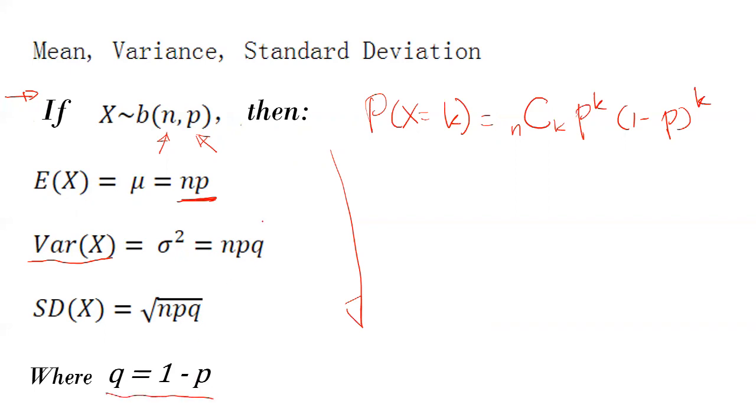That means the probability of failure, right? Standard deviation, of course, is the square root of npq, where again q is 1 minus p, the probability of failure. Okay, any questions? This is the definition of a binomial random variable.